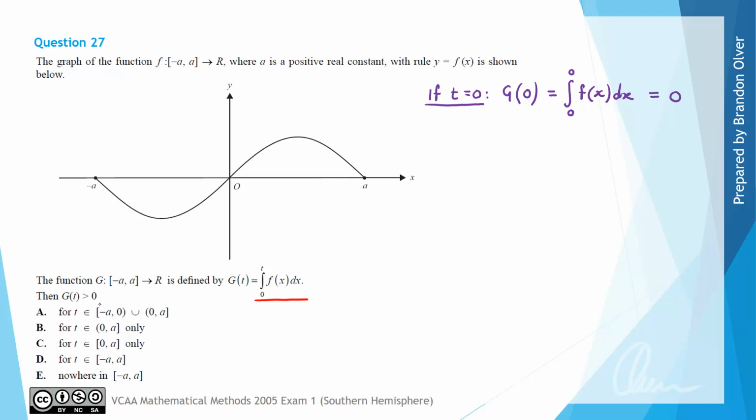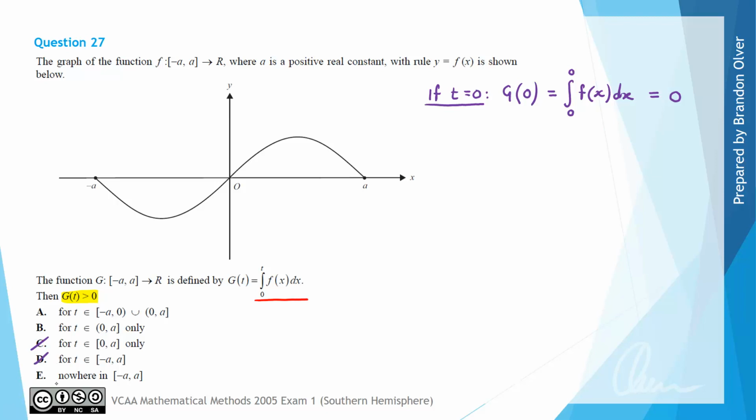And returning to our question, we are asked to investigate where g of t is greater than 0. So anywhere that includes 0, for example, C, where t is an element of 0 included to a, we have to exclude, because if t is 0, then g of t won't be greater than 0, it will be equal to 0. So we can cross out C, and we can also cross out D.